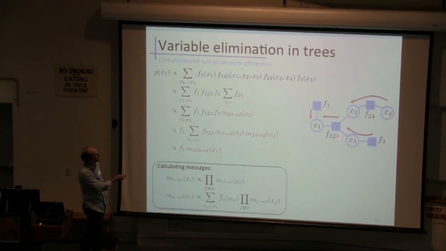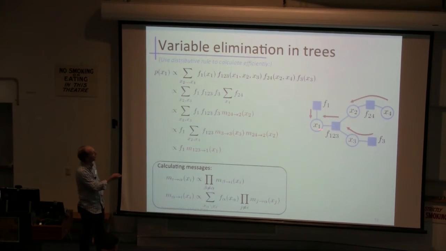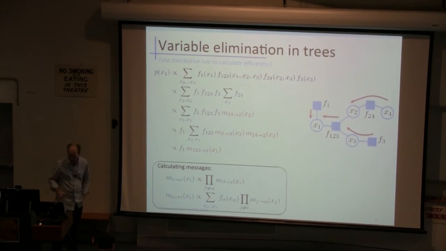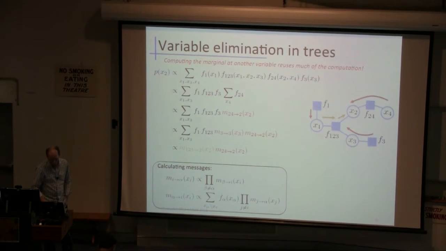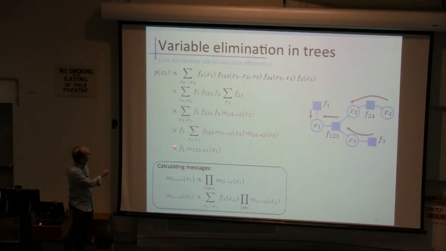So here I have a message coming from x3, another message coming from x2. I take their product, and I eliminate over 2 and 3 to get a message over x1.